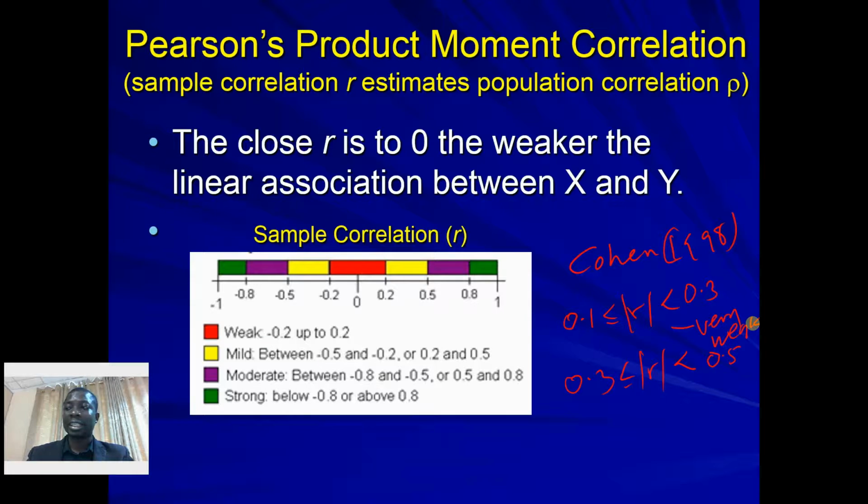So we can say that 0.3 up to 0.49 will be seen as weak.